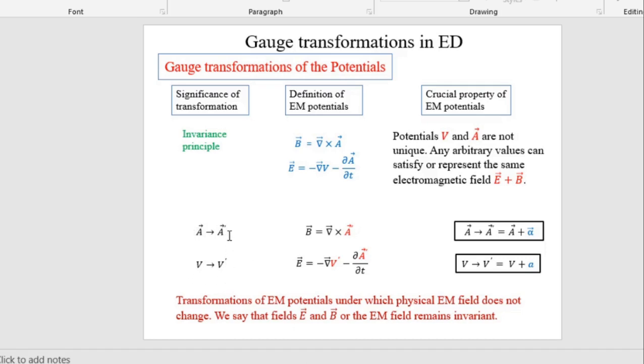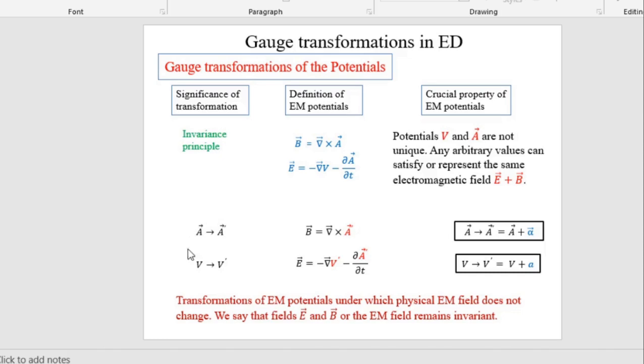Finally, let us consider this definition of gauge transformation from the point of view of the significance of transformation that we discussed earlier, that is, from the point of view of the invariance principle, as we have seen that a transformation in physics in general is associated with some kind of invariance principle.